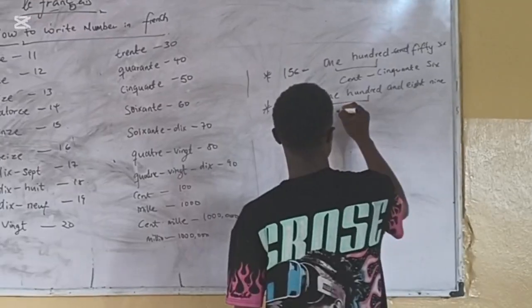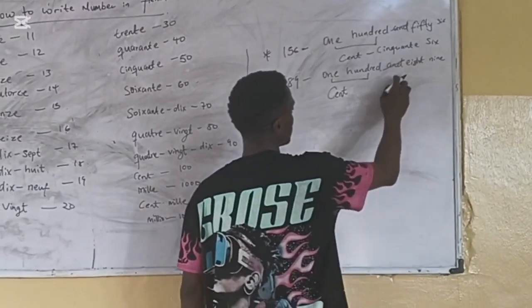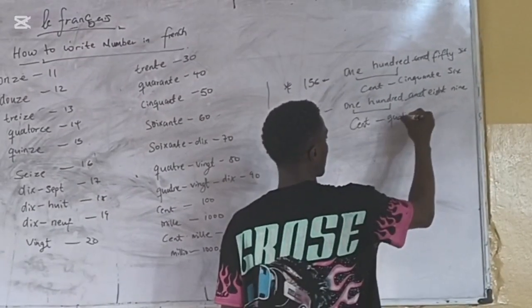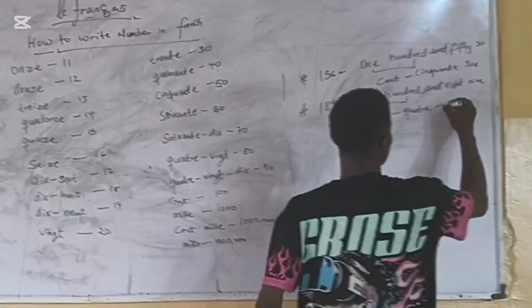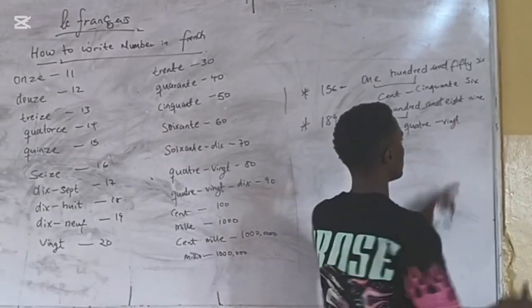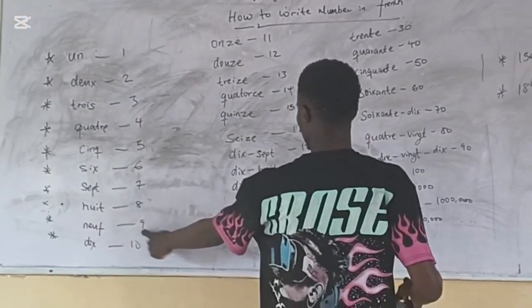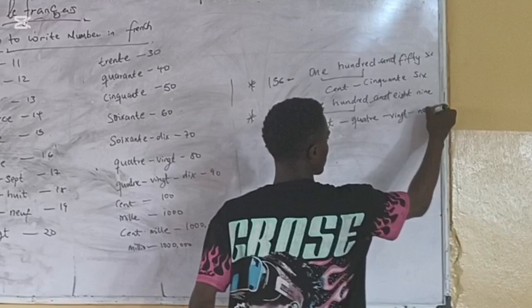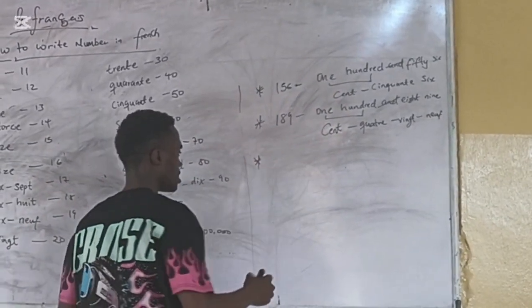So let me write clearly cent. Then the hundred's digit will be neglected. 89, that will be what? 80. So 80, but then what was the 9? How are you going to write the 9? The 9 is with this. So you write 80 what? 89. Do you understand?